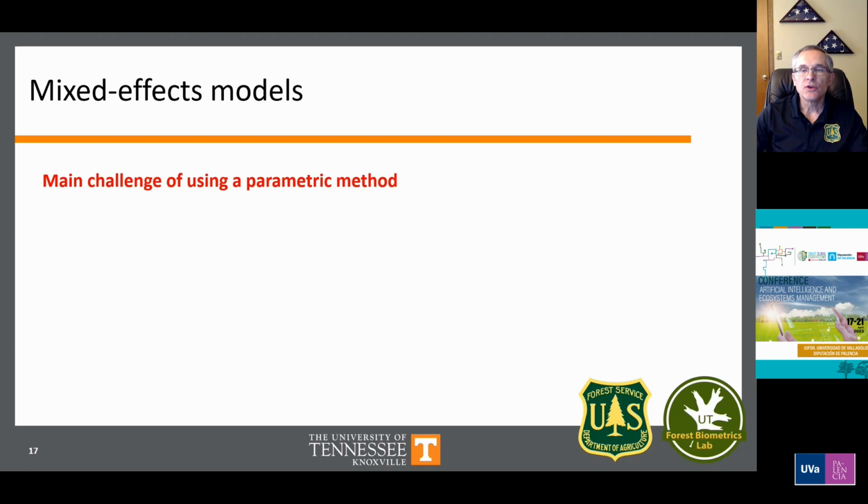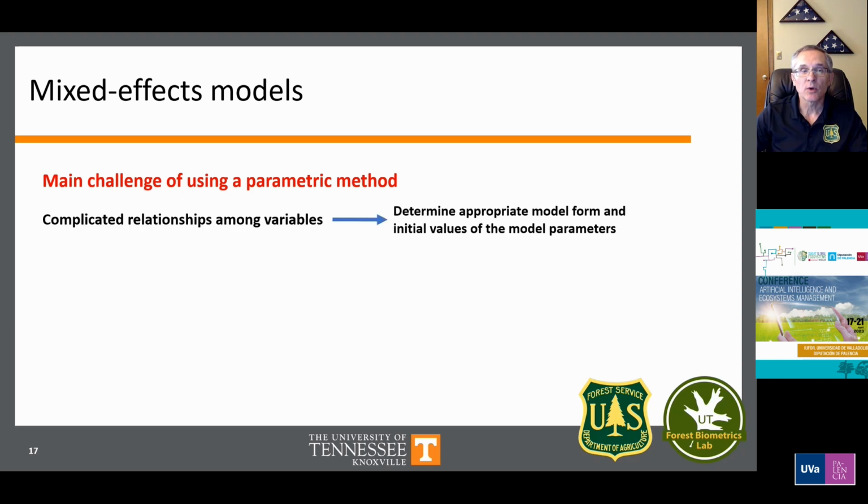So the main challenge in using parametric methods to build these models is the complex relationships among the many variables being tested. In our case, more than 20, which makes it difficult to determine appropriate model form and initial values for the model parameters. A possible solution to the problem of variable selection is machine learning techniques, like the use of random forest algorithm, so that we don't have to specifically identify the relationships between the variables in the model.